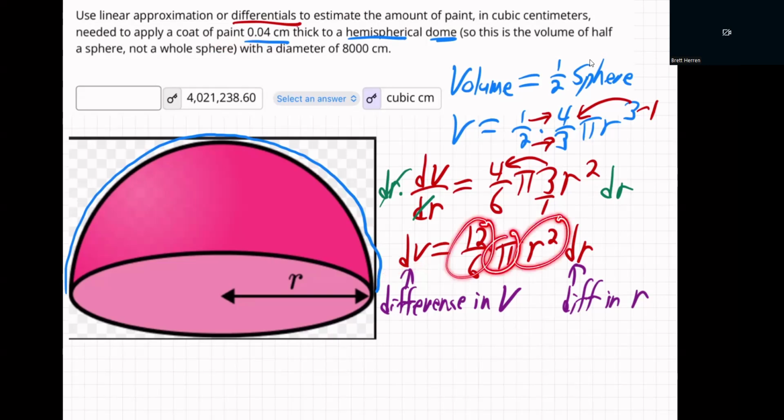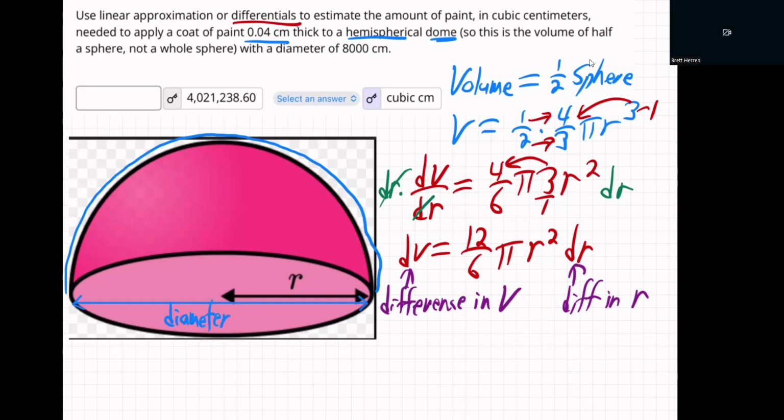Now right here, r squared. What is r? What's the radius? Well, now we're going to get down to business a little bit. All the way across is the diameter.